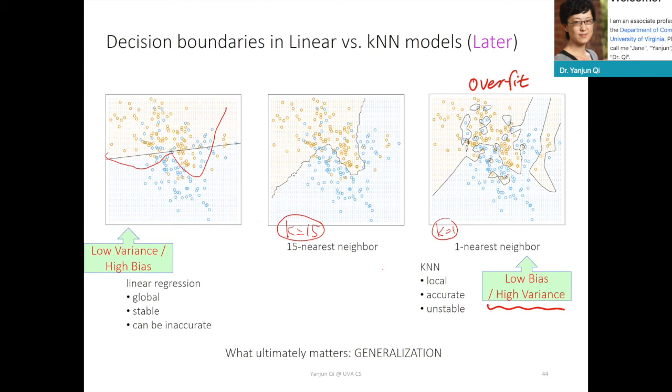They have overfitting problems. And on the left, this is called underfitting. Underfitting means both train and test have high errors. Overfitting means training is really good, almost no error, but there are high test errors, high generalization errors.